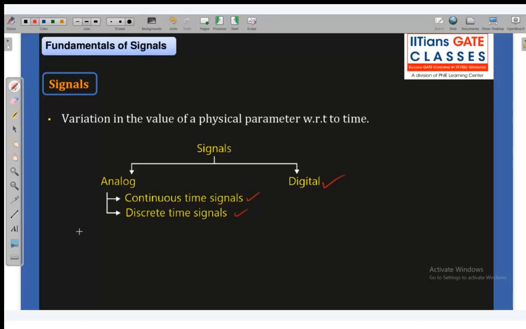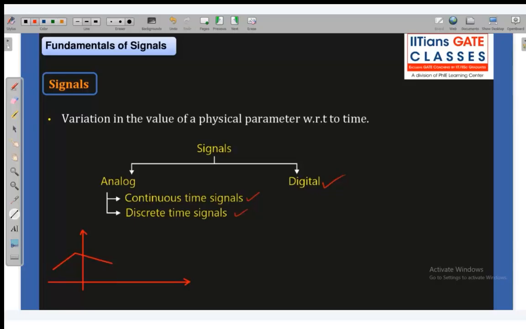What do you mean by the continuous time signal? Continuous time signals are those signals which are continuous in time, defined for all instants of time, like this.